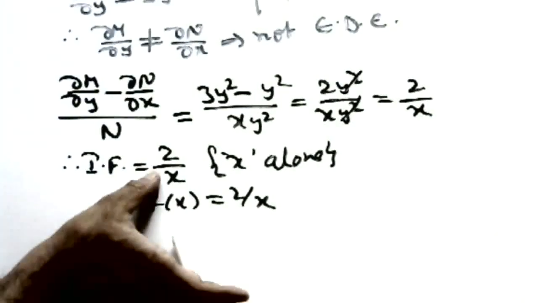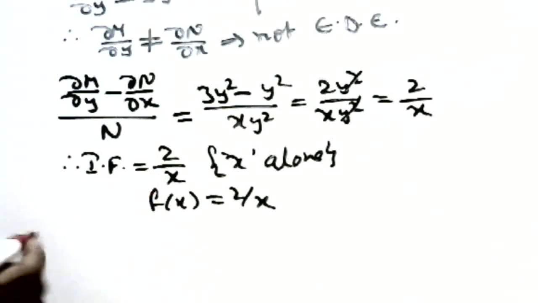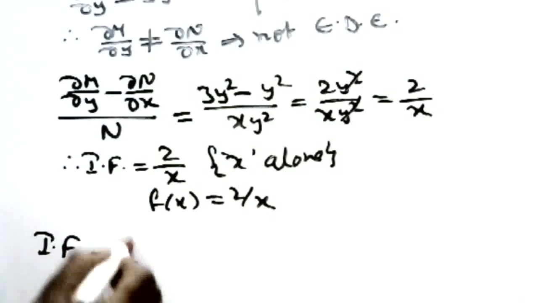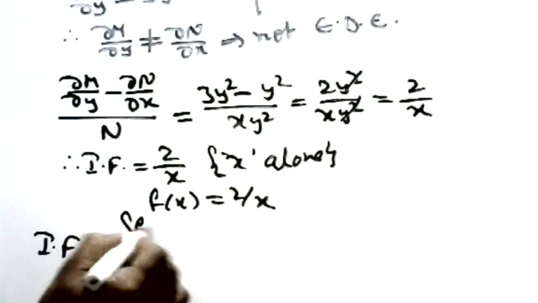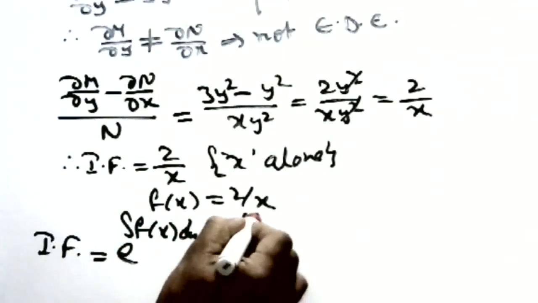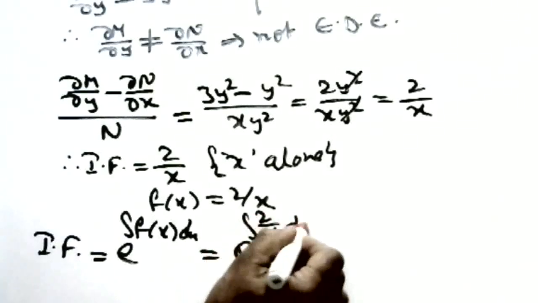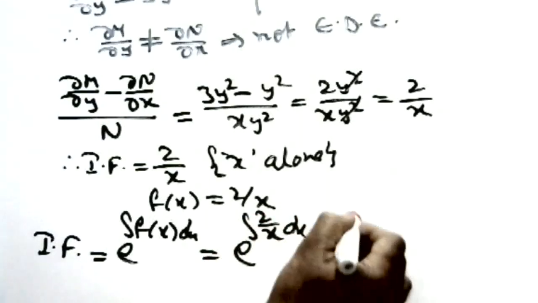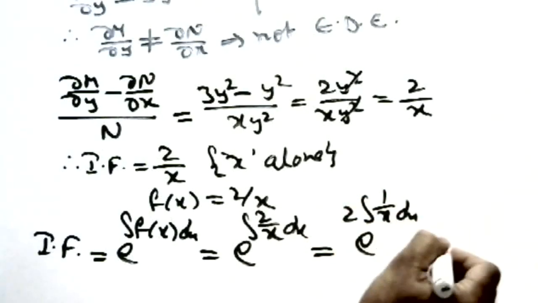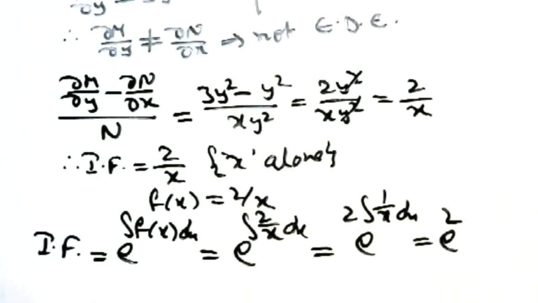So the integrating factor will be, because we get the function in x alone, we can take the integrating factor as e to the power of integration f of x dx. So e to the power of integration of 2 by x dx. Take this 2 outside, integration of 1 by x dx.